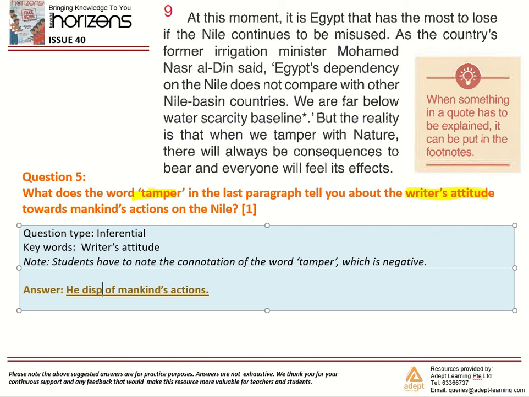So he disapproves of mankind's action, or he's against mankind's action on the Nile. Not very complete answers there.